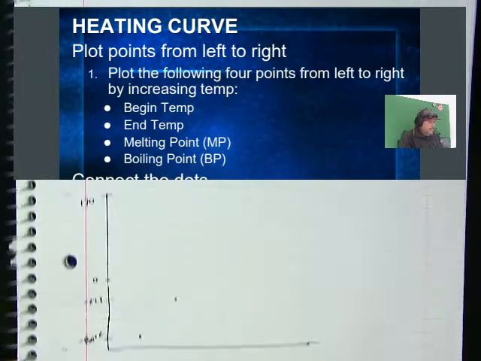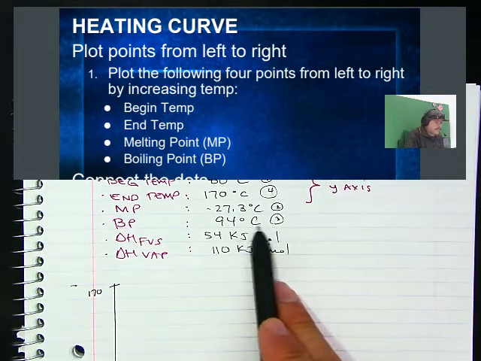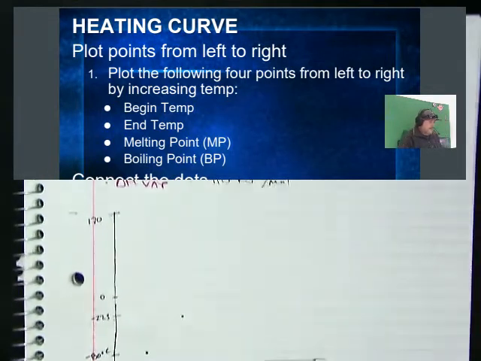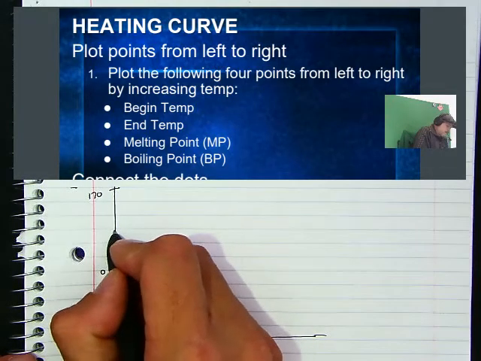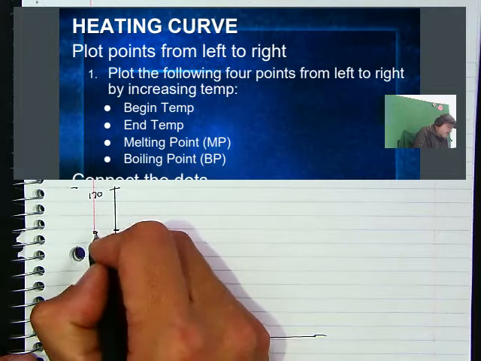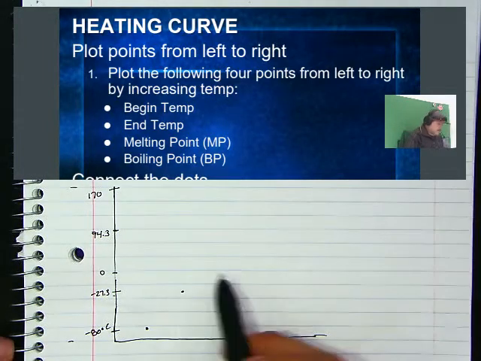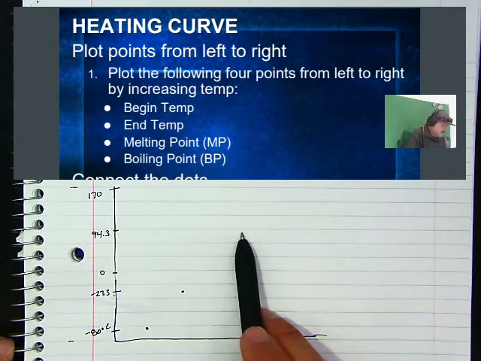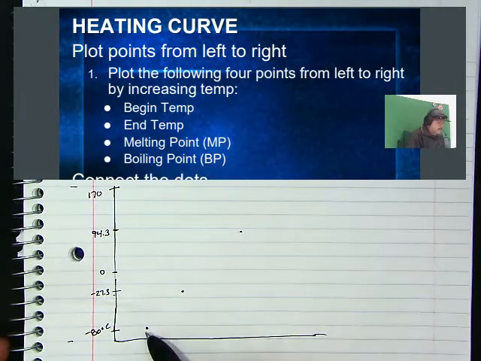Okay, the third point is at 94 degrees Celsius. So I go back to the drawing. I would say 94 is probably roughly somewhere right there. Again, this is eyeball, real quick. Don't take forever. Just get it done. So 94, and I go across somewhere in this area. I know it looks like a straight line.